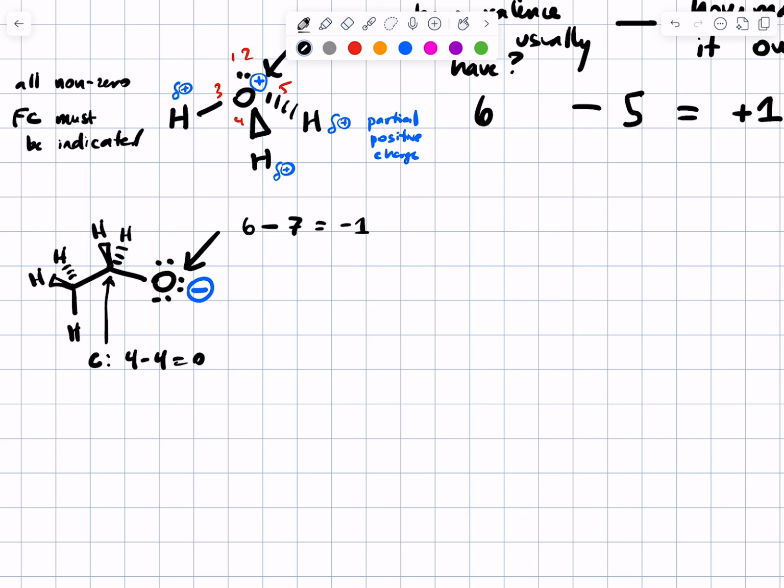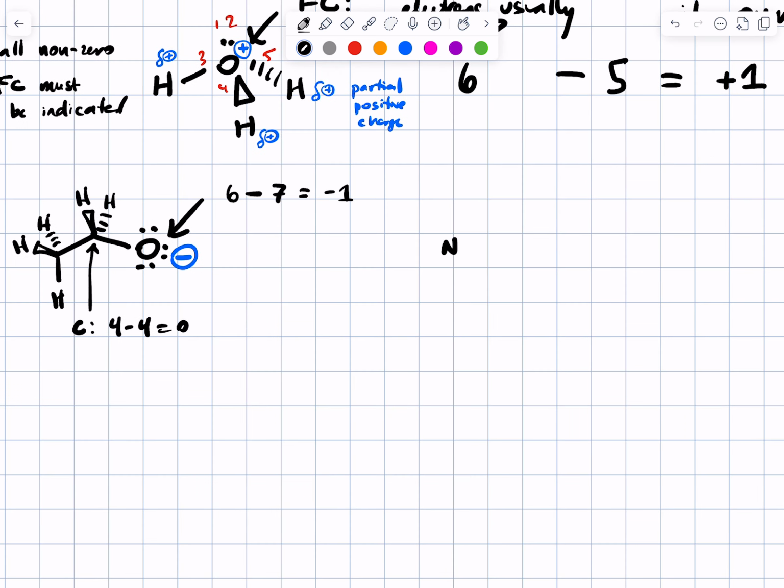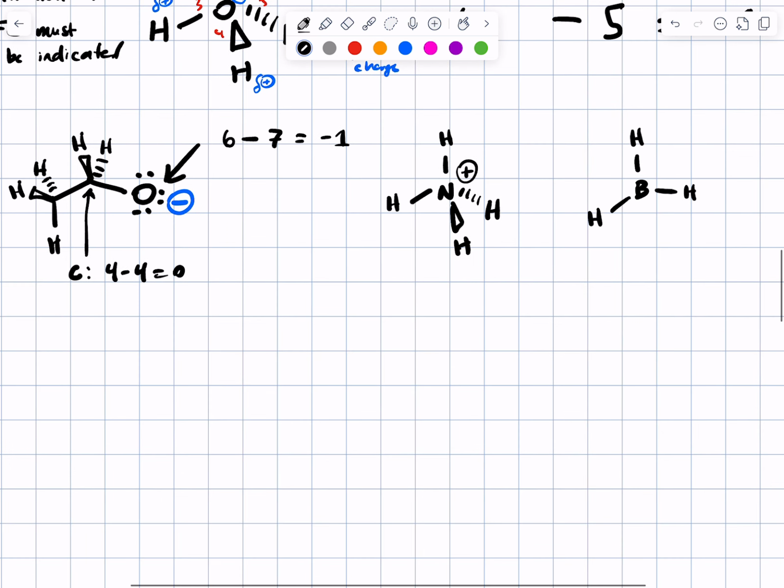Okay, we don't have a huge amount of time. I want to talk about something else in our last few minutes, but I'll just give you a couple of additional examples. This nitrogen bonded to 4 things has a positive formal charge. This boron bonded to 3 things has a 0 formal charge. This boron bonded to 4 things has a negative formal charge.